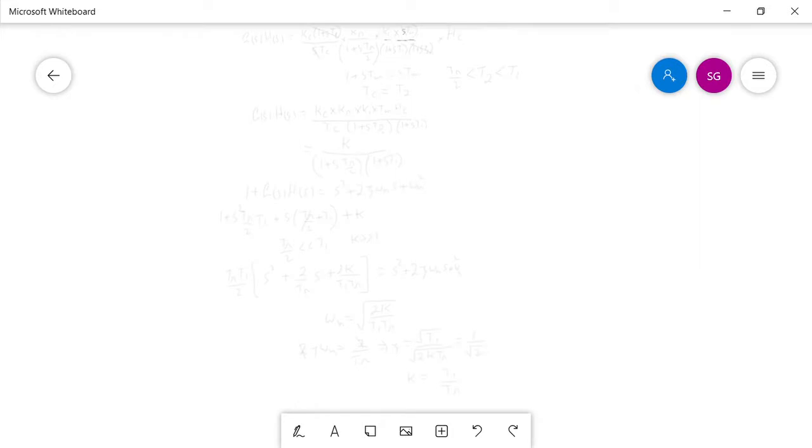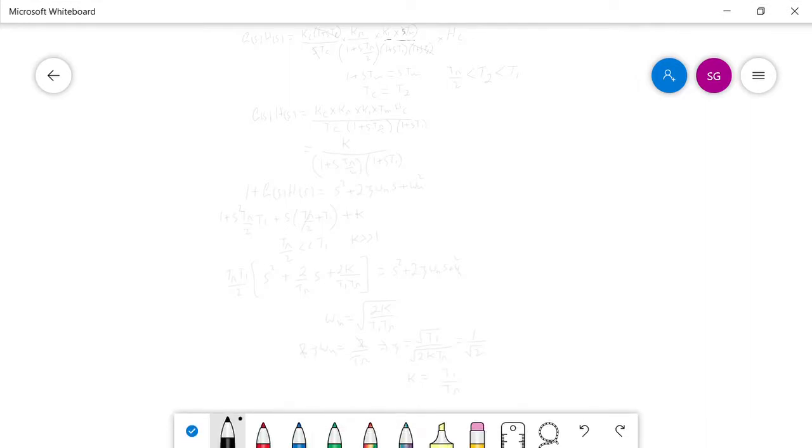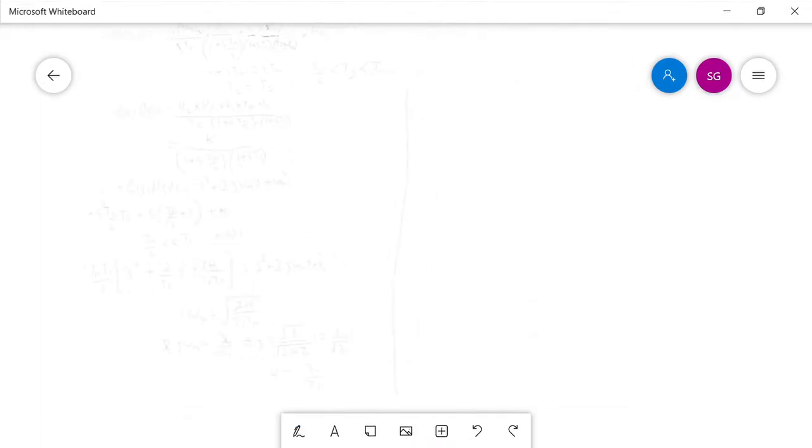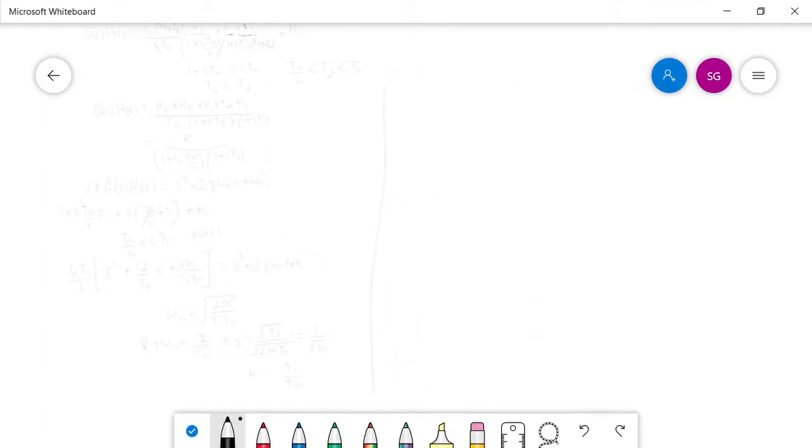So our K, which is T1 upon Tr, will become Kc Kr K1 Tm Hc divided by Tc.